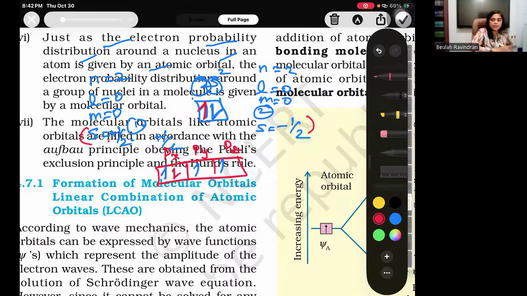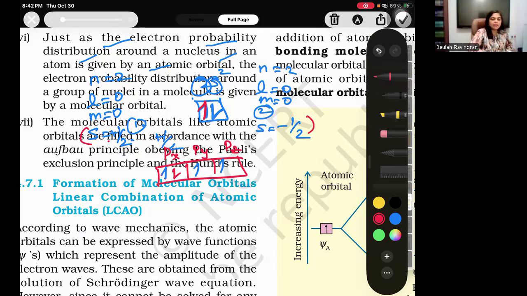So we can say when the number of electrons is greater than the number of orbitals, that means the number of degenerate levels, then pairing occurs. That is what Hund explained.